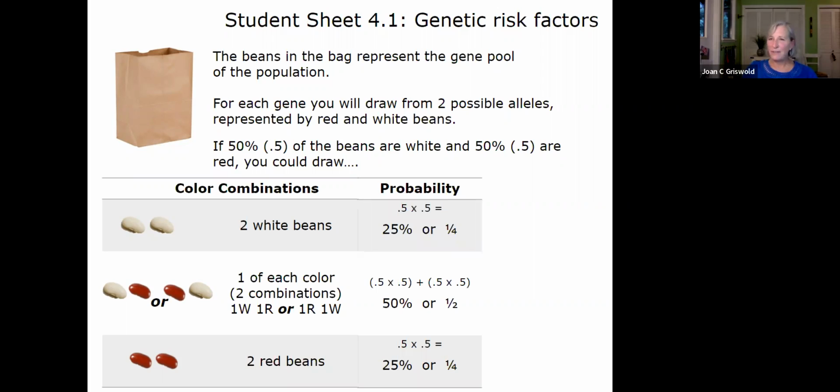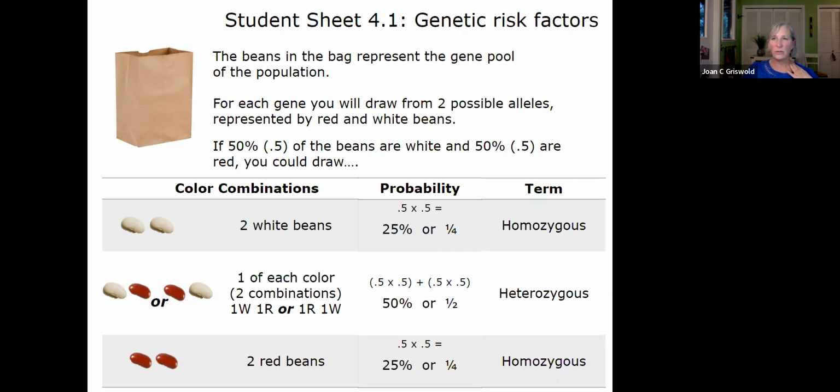I know you want to say 50%, but it's a 50% for the first bean and 50% for the second bean, which makes a 0.25 or 25% chance of drawing 2 white ones together. A combination, you could draw a red and a white, or a white and a red, which is a 50% chance to draw a neutral, and then a 25% chance to draw the protective red risk factors.